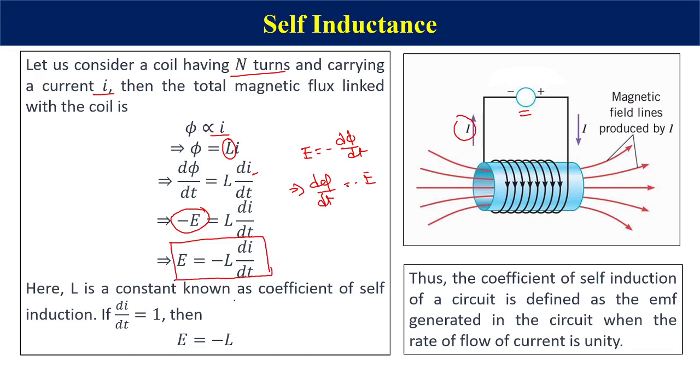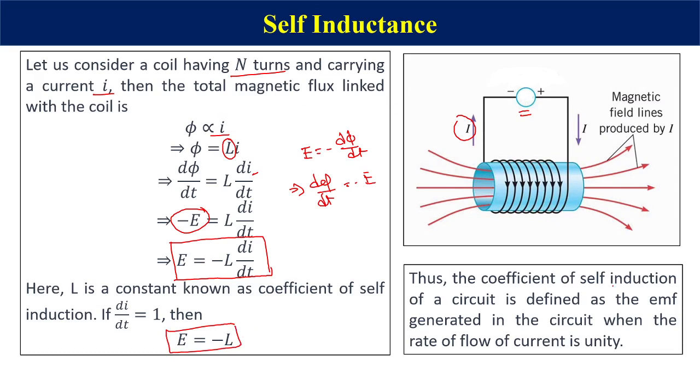So here L is a constant known as the coefficient of self-induction. Now if di dt is equal to 1, that means if the rate of flow of current through the circuit is 1, that means 1 ampere current flows in 1 second, in that case we can say that E is equal to minus of L. So from here we can make a definition of the coefficient of self-induction.